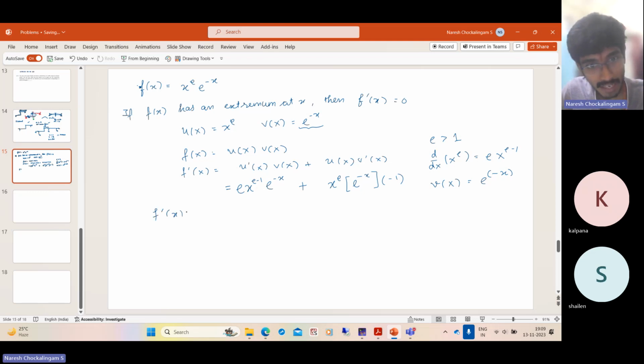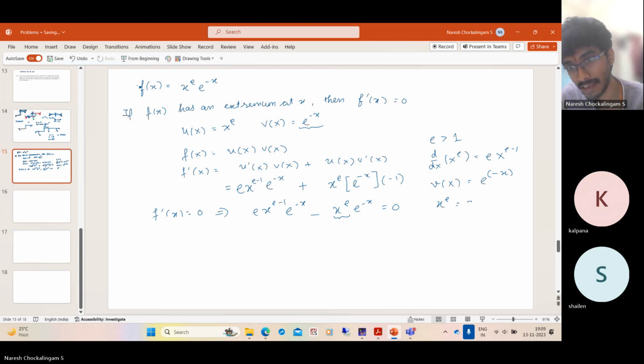Now we have to set this value equal to 0. So f dash of x equal to 0 implies e x power e minus 1 e power minus x, and there is a minus sign, minus x power e e power minus x equal to 0. In order to take things common, you can write x power e as x into x power e minus 1, so that you can take x power e minus 1 commonly out.